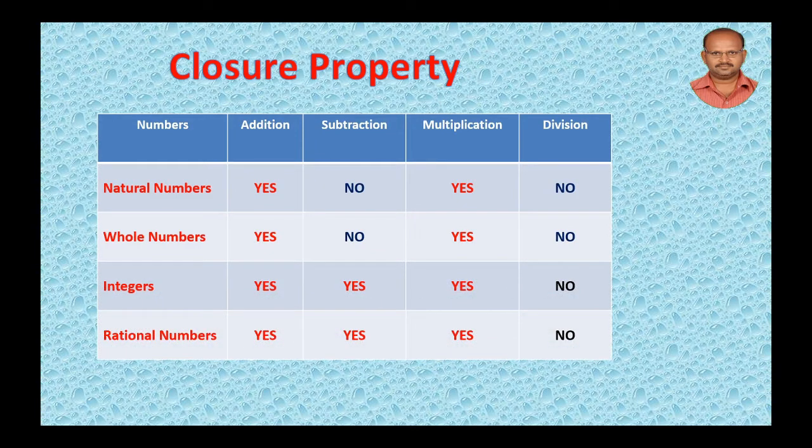Closure property for all numbers. Closure property is satisfied, in addition, by natural numbers, whole numbers, integers, rational numbers. Now, rational numbers satisfy addition, subtraction and multiplication.